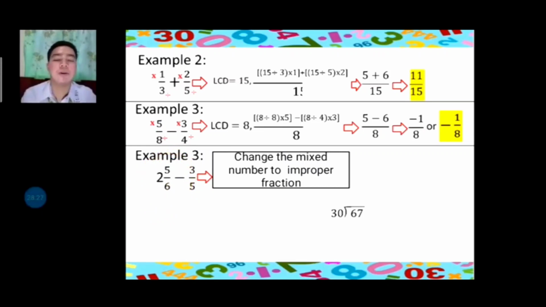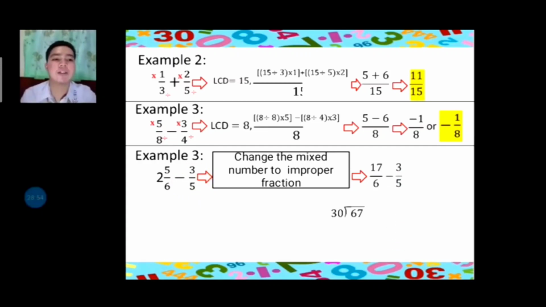We have 2 and 5 over 6. Same process: denominator 6 times the whole number 2, that is 12, plus the numerator 5, 17 over the denominator 6. Then minus 3 over 5.